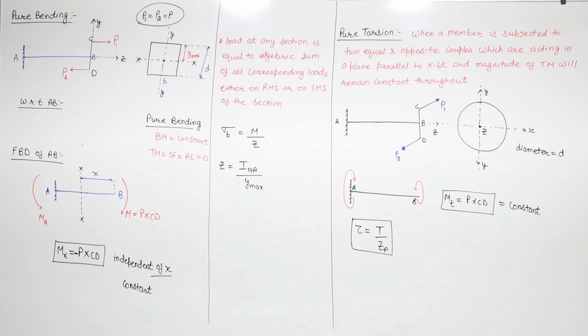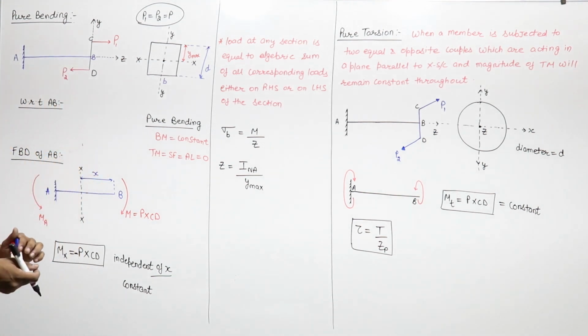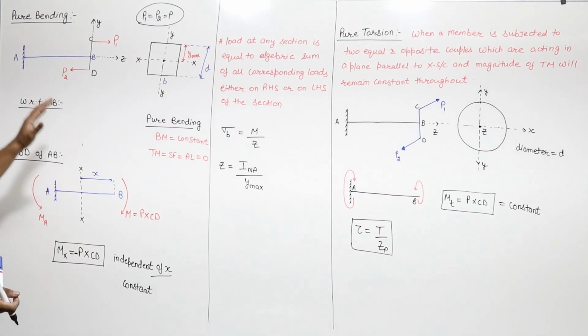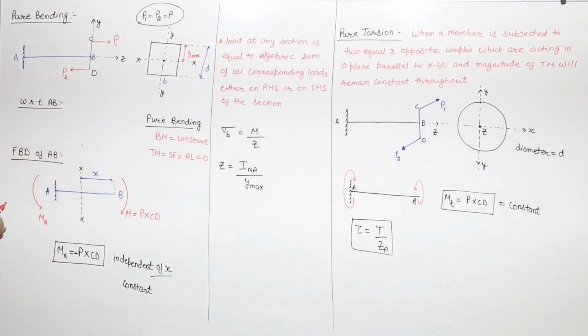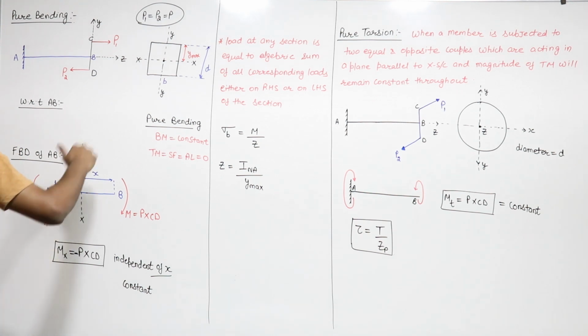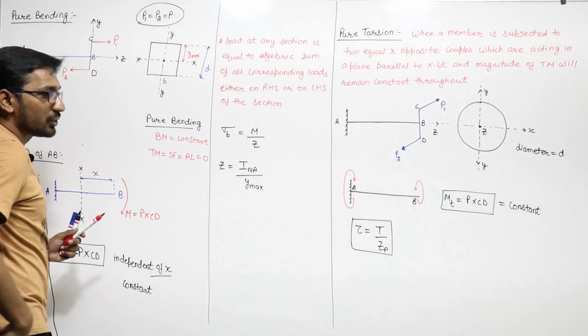So there are two loads P1 and P2 here. The magnitude of both loads is the same, but the direction of both loads is different. With respect to AB, this is the longitudinal axis of AB, and the load P1 is parallel to the longitudinal axis but does not pass through it.